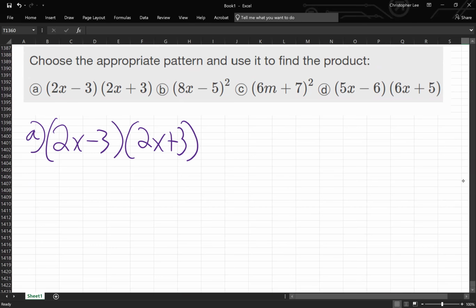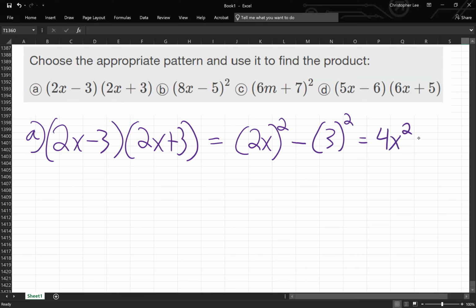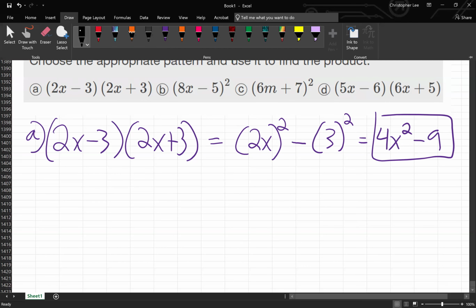This is a conjugate pair. So you already know the answer is a squared minus b squared. So this is going to be 2x squared minus the 3 squared. A little bit of math on that. This is 4x squared minus 9. I'm done. All right. Let's look at B.